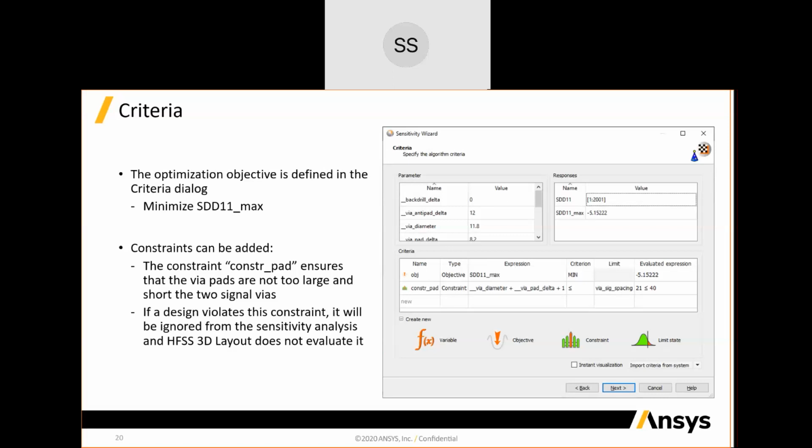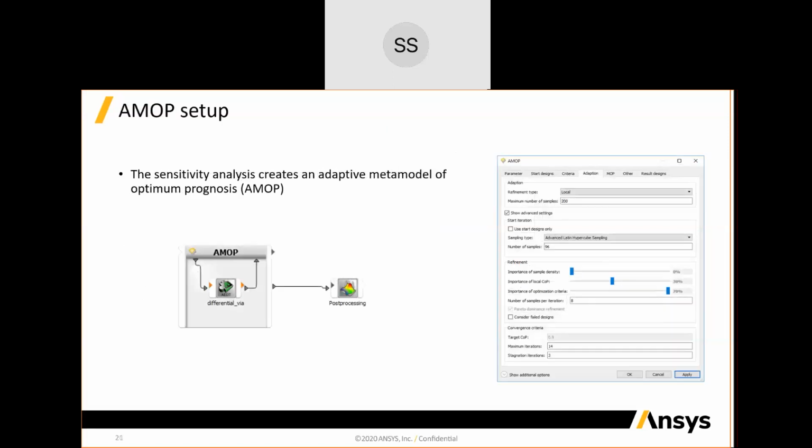And having a constraint like this ensures that I don't generate any designs that might create some undesired output. So in this case, it would short out the signal trace. I don't want that. And I can actually have it set up so that optiSLang won't send these designs to 3D layout to have those evaluated, because it just would produce nonsensical data that won't help us in terms of optimizing this design.